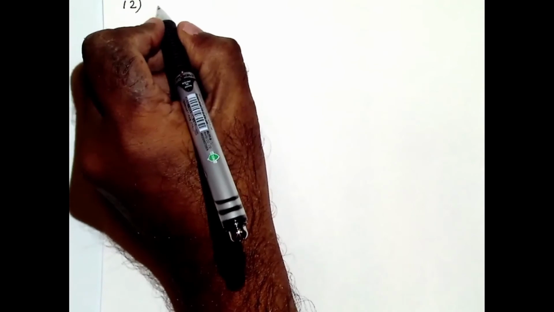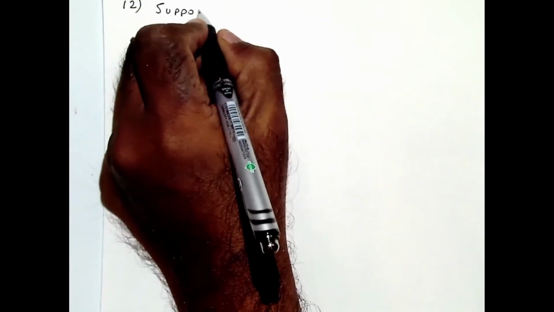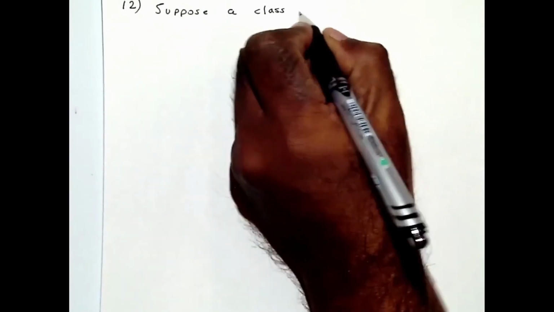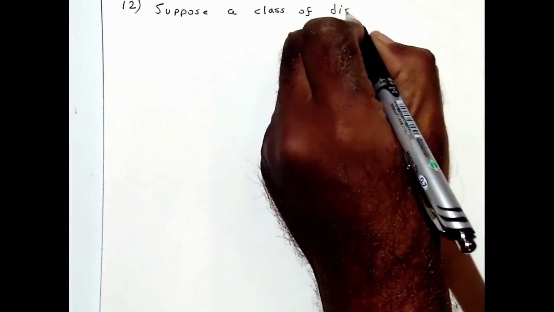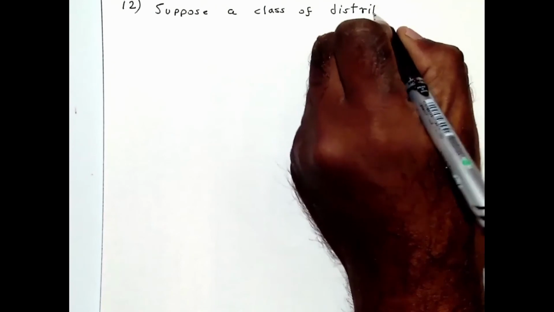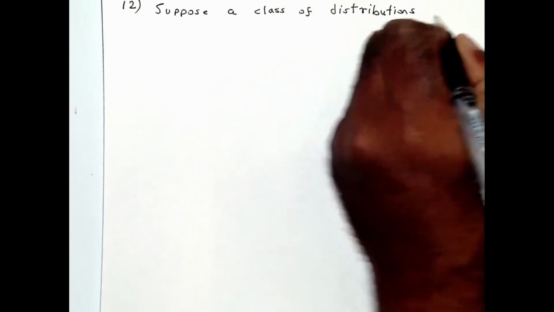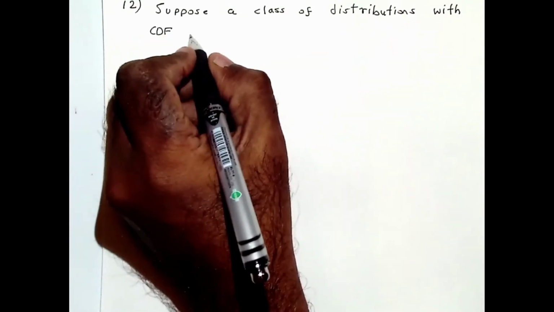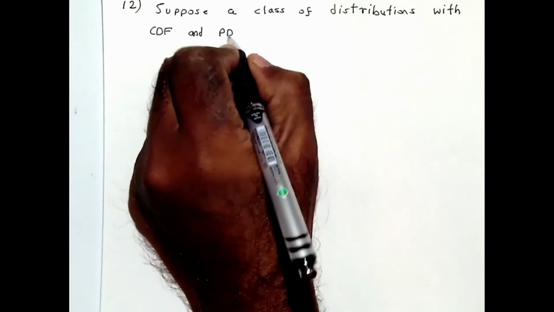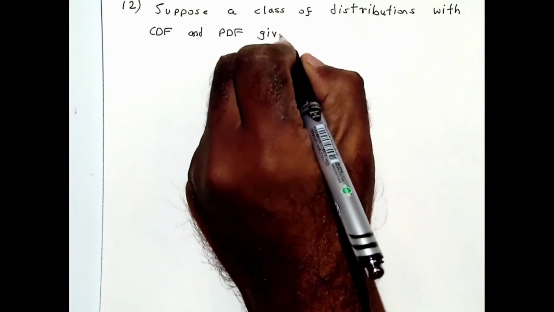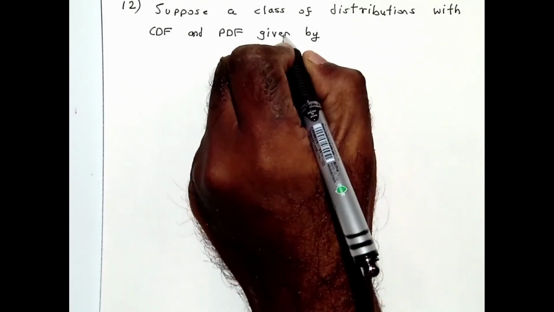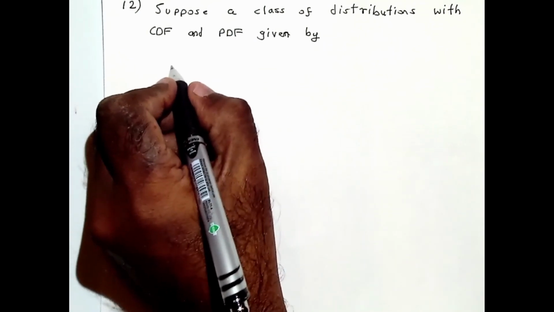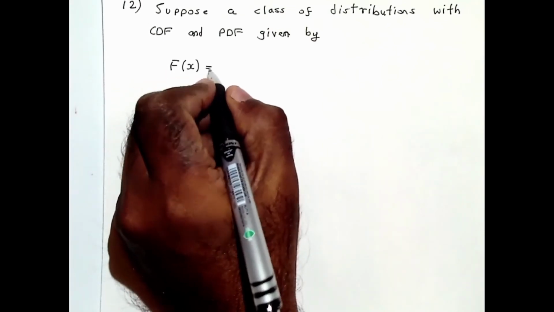So, okay, you have a class of distributions with the CDF capital F of x given by the following.